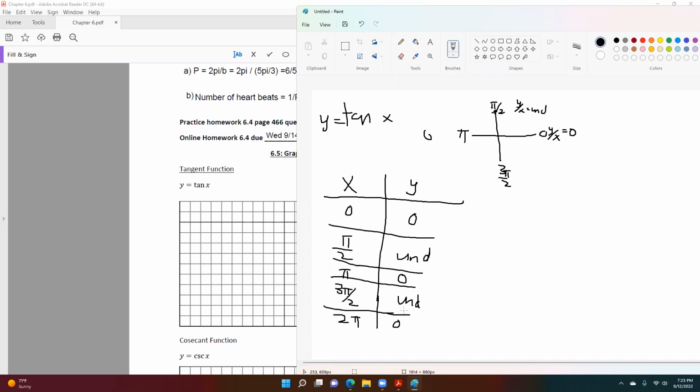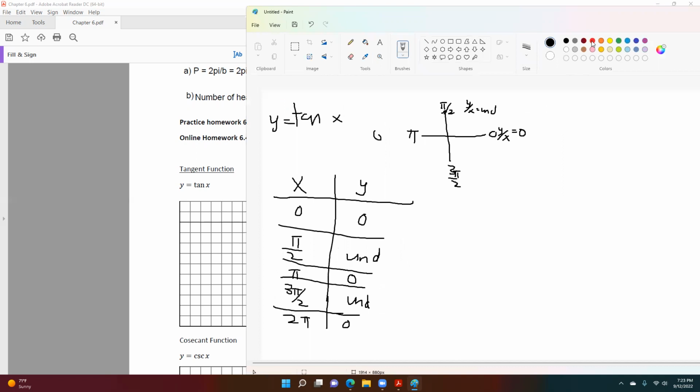So I will tell you what it looks like when you have an undefined solution when you try to graph it. Every time you have an undefined solution, that on the graph represents a vertical asymptote.